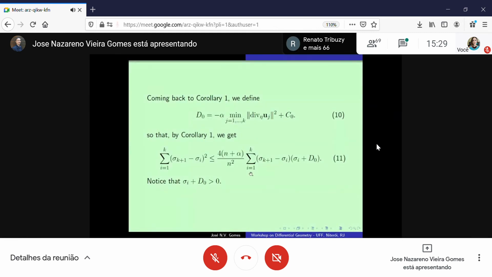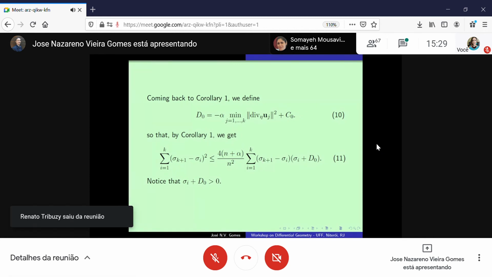Come back to corollary 1. We define D0 by this equation, so that by corollary 1 we get another estimate.